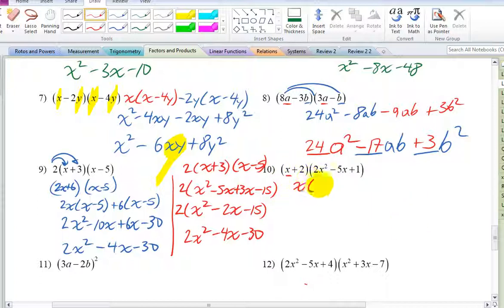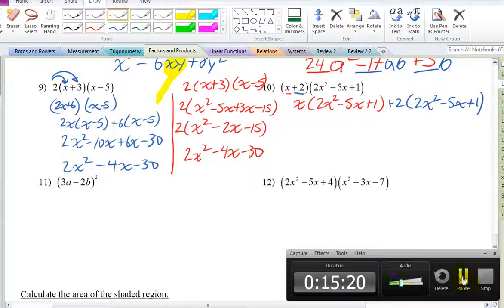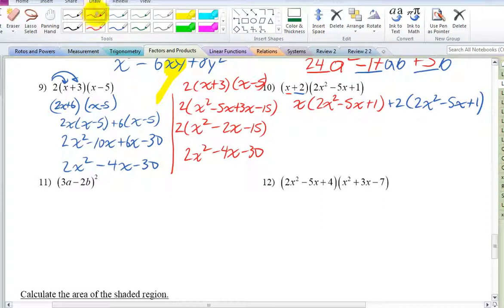We're going to take x and multiply it by absolutely everything in the other polynomial, the other brackets. Then we're going to take plus 2, because we always use that sign, and multiply it by everything inside the brackets. Go. Okay, this one's different because now we're getting cubes.